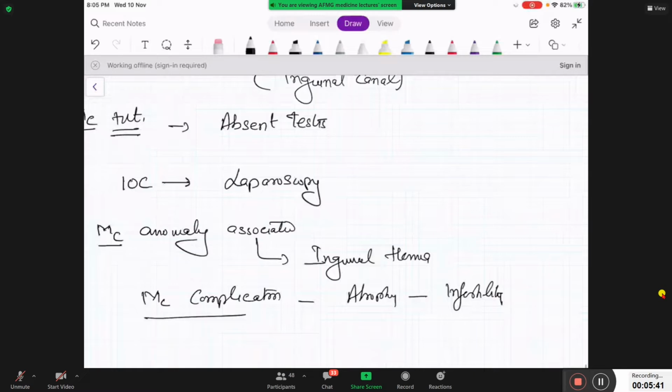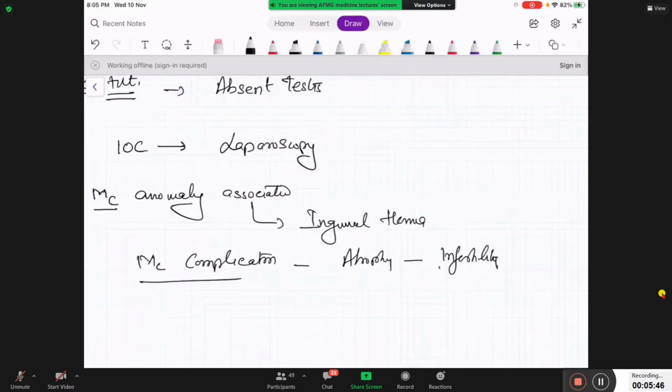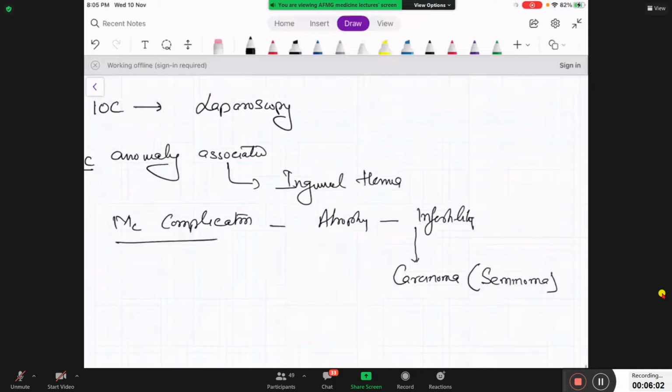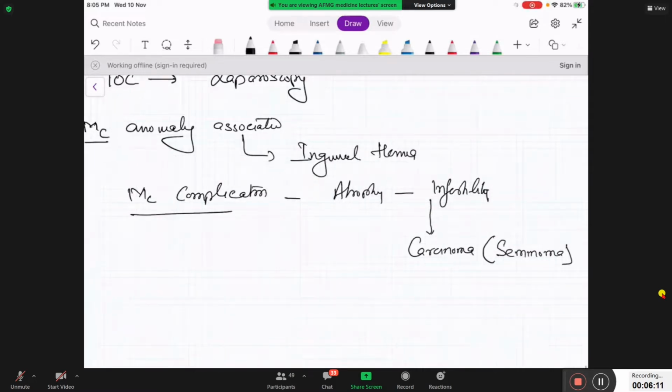Most common complication of undescended testis is atrophy, leading to infertility, followed by carcinoma. Most common carcinoma it leads to is seminoma testis. Important.